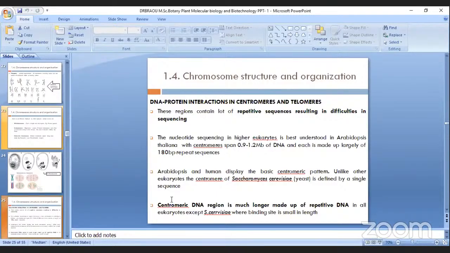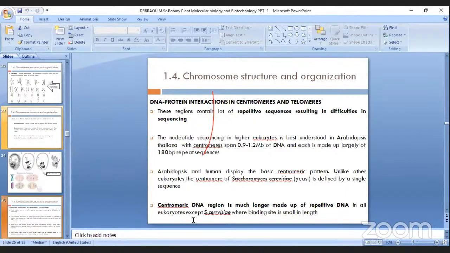Whereas in yeast, Saccharomyces, it is defined by only a single sequence. This is the difference between other eukaryotes like Arabidopsis and humans, and yeast, where you find only this single sequence pattern.